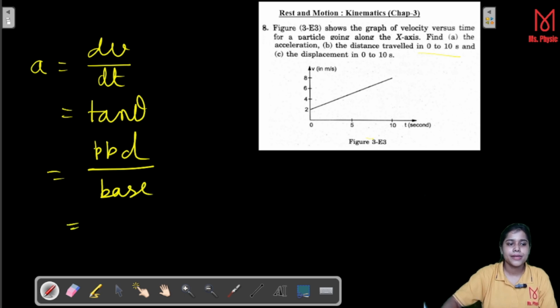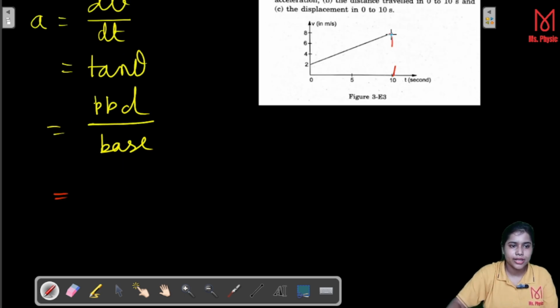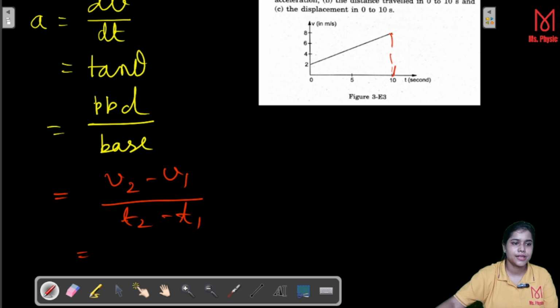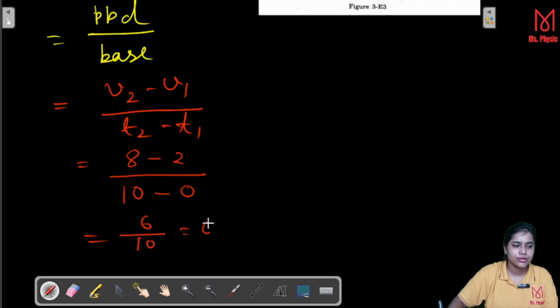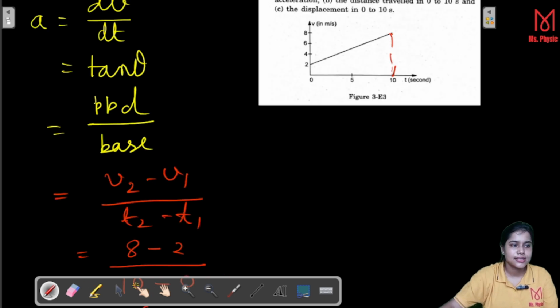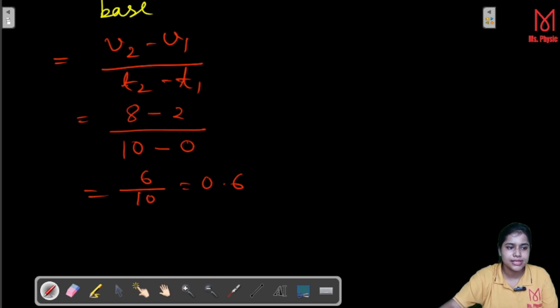Perpendicular is equal to V2 minus V1 and base is equal to T2 minus T1. In the figure, the minimum value of V is 2 and the maximum value is 8, and the time goes from 0 to 10. It is equal to 6 over 10, which is 0.6. This is the value of the acceleration, in meters per second square.